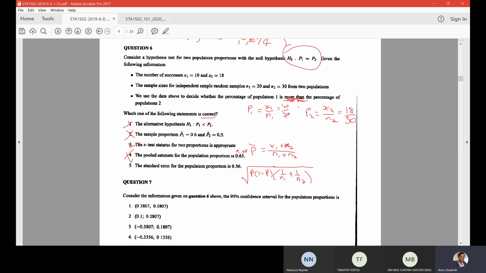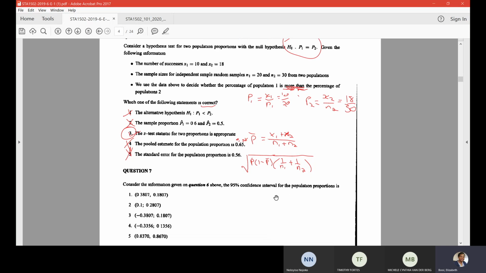And if that one is incorrect, it means the standard error will definitely be incorrect. If you calculate, it will be 0.65. So that would have been also incorrect. So the only correct answer here will be option number 3.